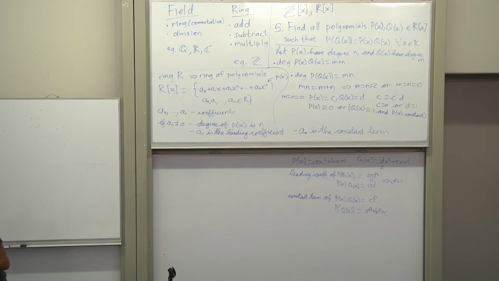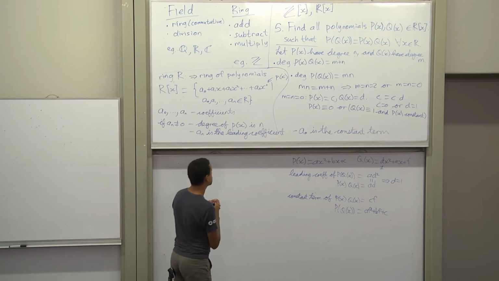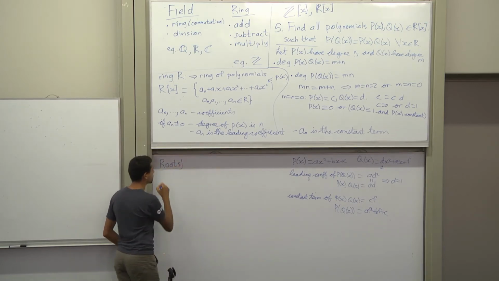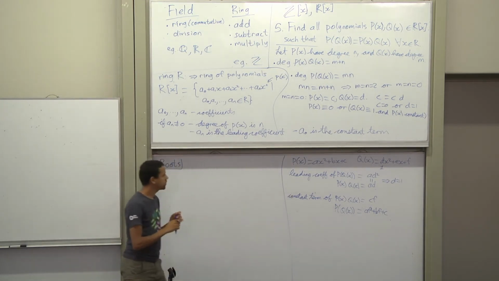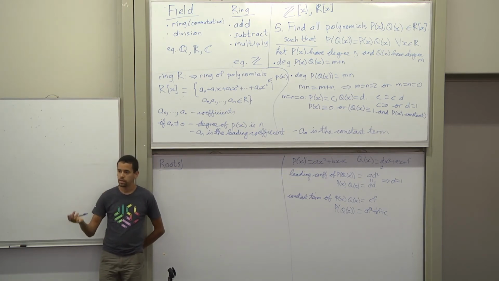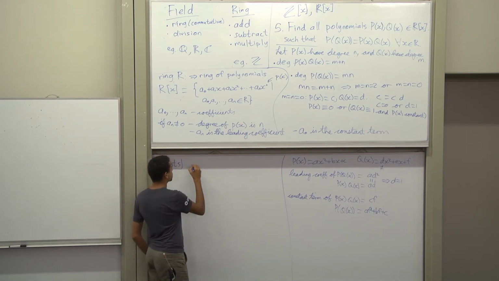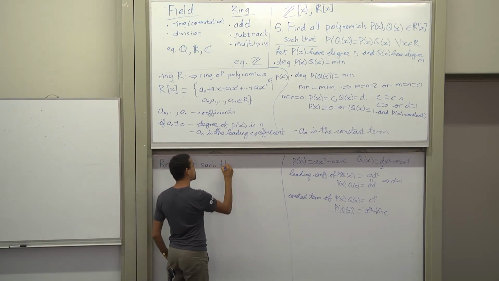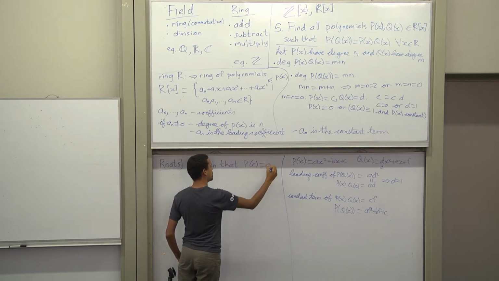Next, let's look at the roots of a polynomial. Roots of a polynomial, like roots of a function, is where that polynomial is equal to 0. Any value where you put it into the polynomial, you get 0.